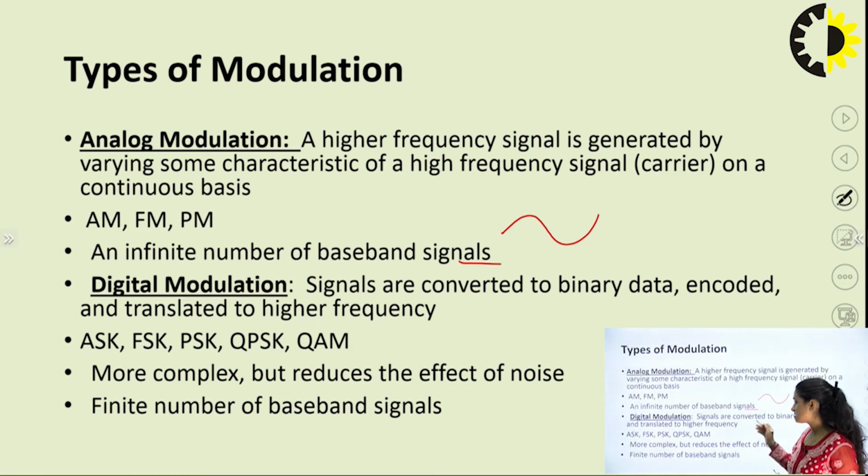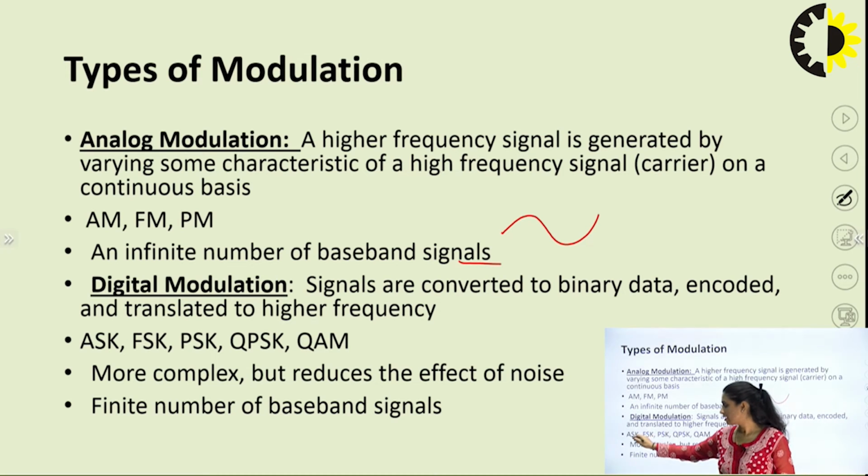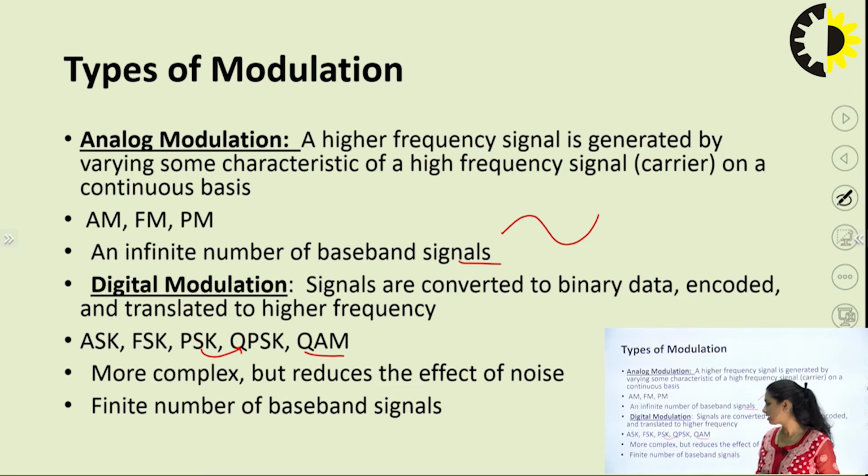Signals are converted into binary form, encoded, then transmitted. Such modulation can be amplitude shift keying, frequency shift keying, phase shift keying, and quaternary, which are variants of PSK, and this is a quadrature of AM. More complex, but it reduces the effect of noise.